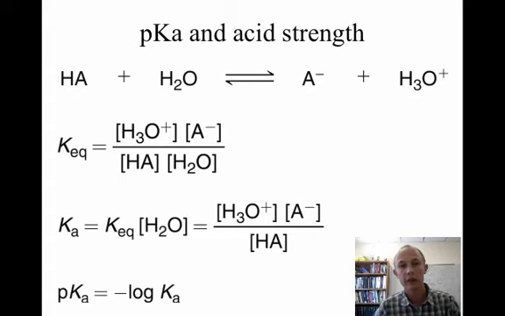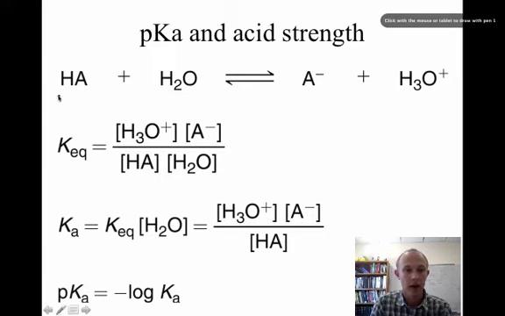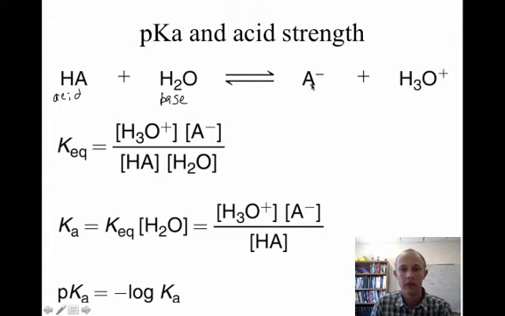So we're not going to worry too much about the mathematical definition of pKa. Remember, for any generic acid-base equilibrium, you have your acid, which is donating a proton. You have your base, in this case water, and that's going to form a conjugate base and a conjugate acid. If you have a strong acid, remember it's going to dissociate, and the product side is going to be favored.